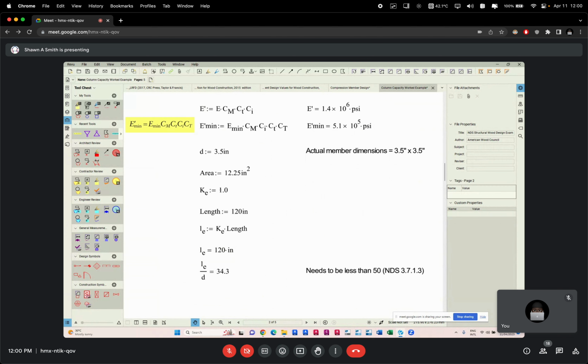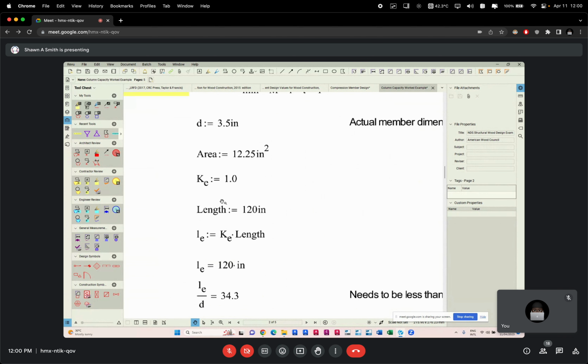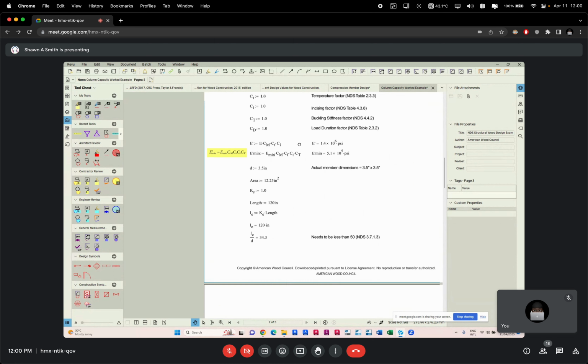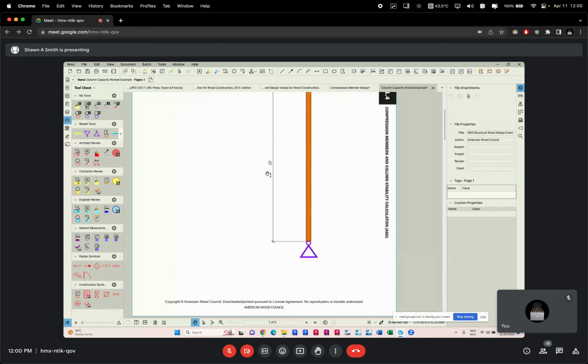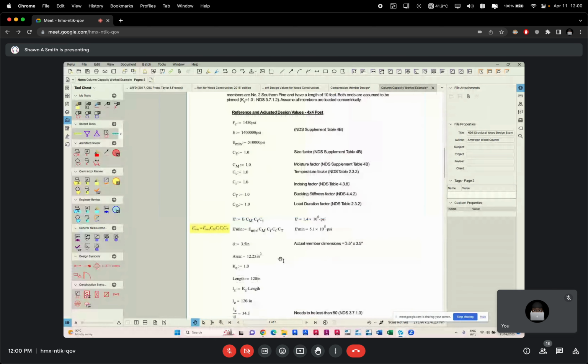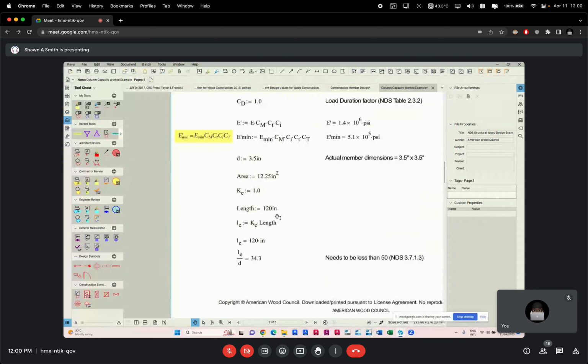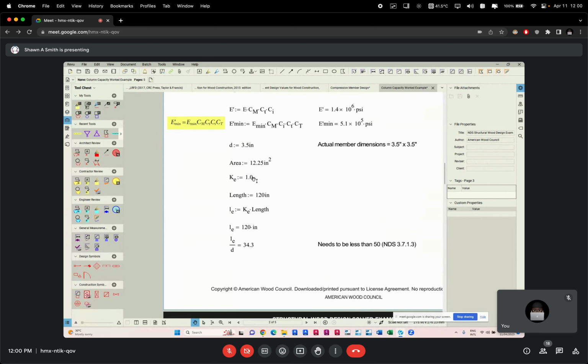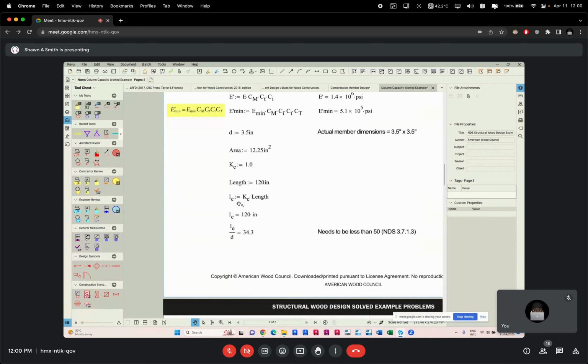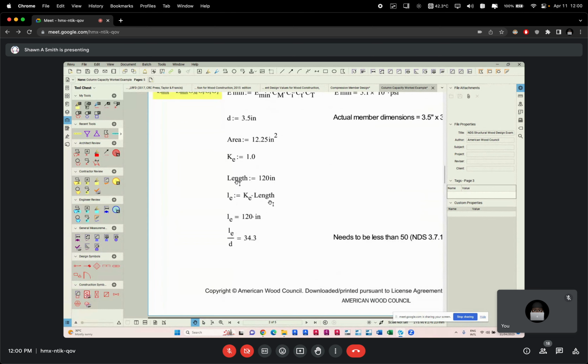All right. Length L. What is the L? For our element, it is 10 feet. 10 feet, and that converted to inches is 10 feet times 12. That's 120 inches, and that's where this 120 comes from right there. All right. So if K equals 1 and L equals 120, then KE times L, which is equal to LE, that's equal to 120.